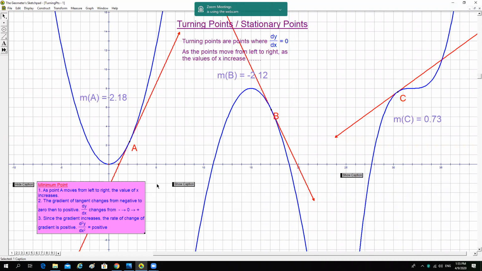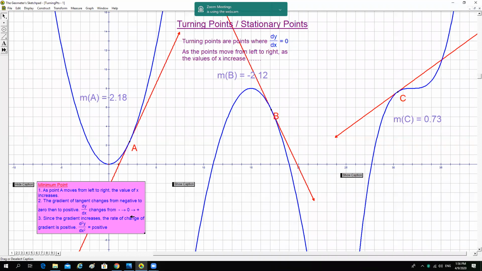So far, okay? Now, the next thing is, since the gradient increases, the rate of change of gradient is positive. Now, we are talking about the gradient, that means dy/dx.